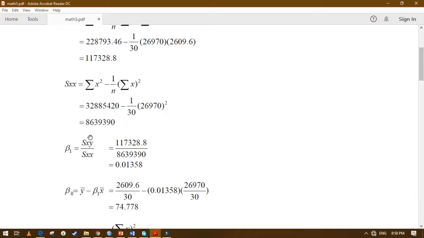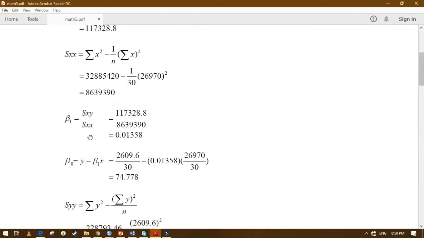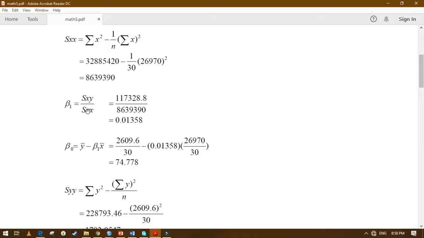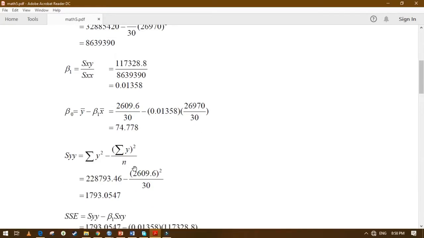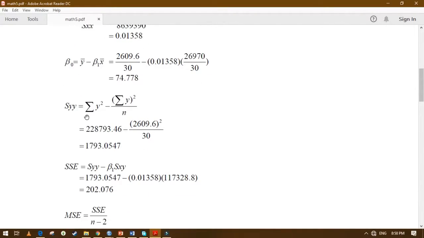And then after obtaining both SXY and SXX, we can continue to calculate beta 1, which is SXY divided by SXX, and we get 0.01358, while beta 0 equals y bar minus beta 1 multiplied by x bar, and we will get 7.778. While for SYY, the formula is summation of y squared minus summation of y squared divided by n, and we get 1793.0547.